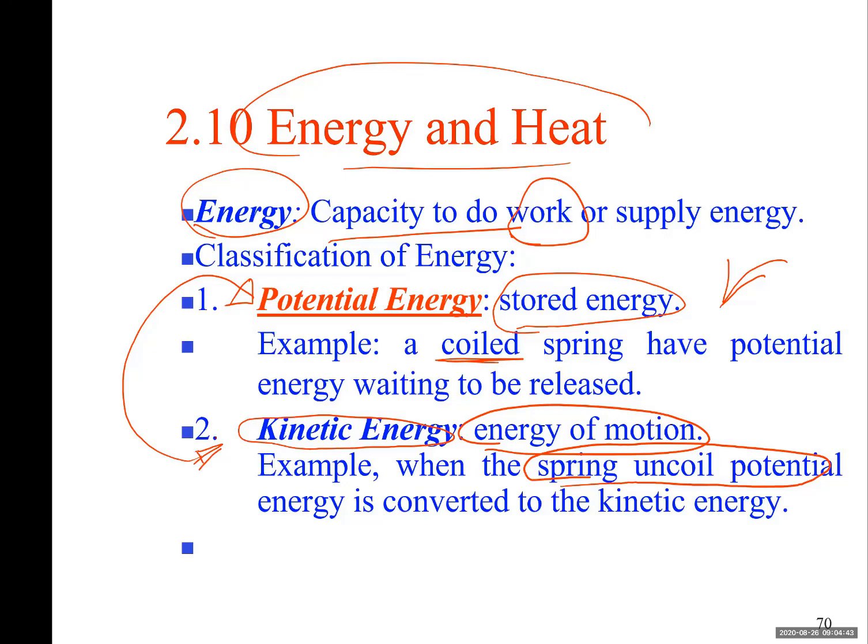You look at the chocolate, it has got potential energy. You eat it, it's going to release this energy and it's going to be stored in your body. And then you use your hand to move an object from one point to another, or throw a ball toward the ceiling.